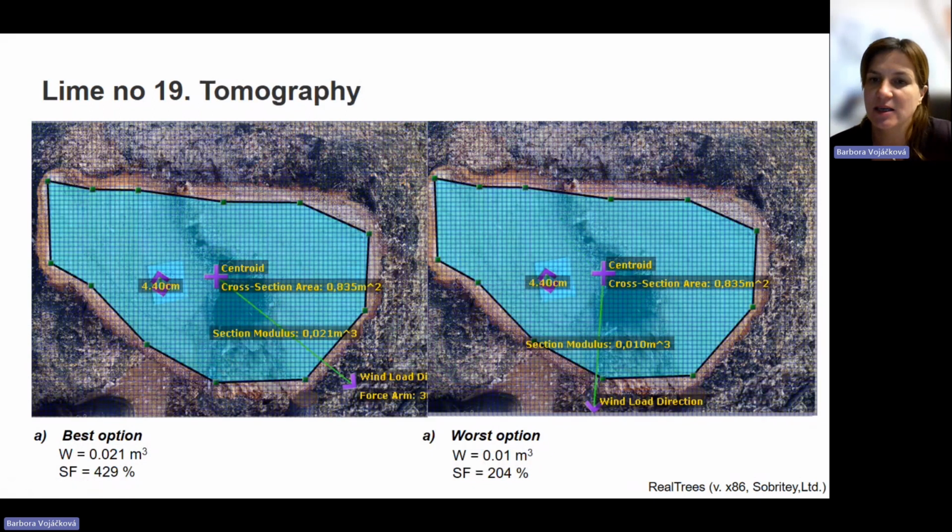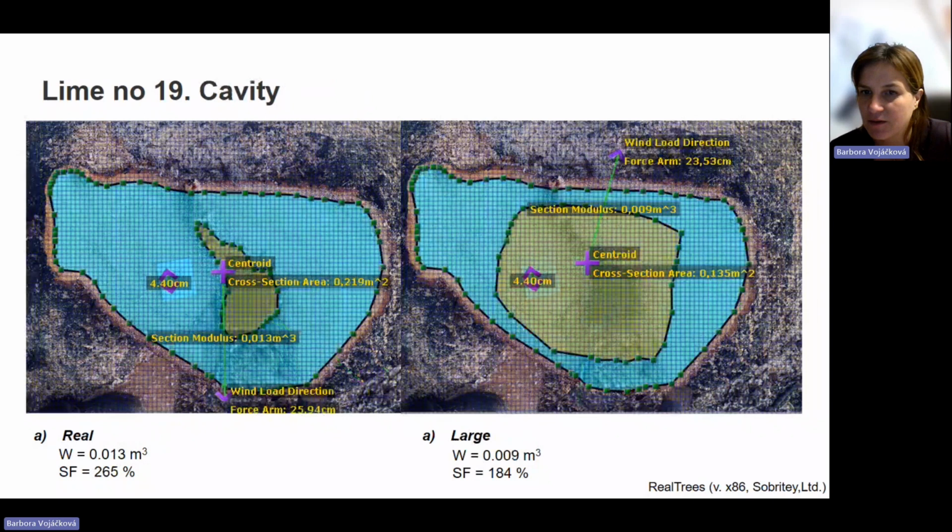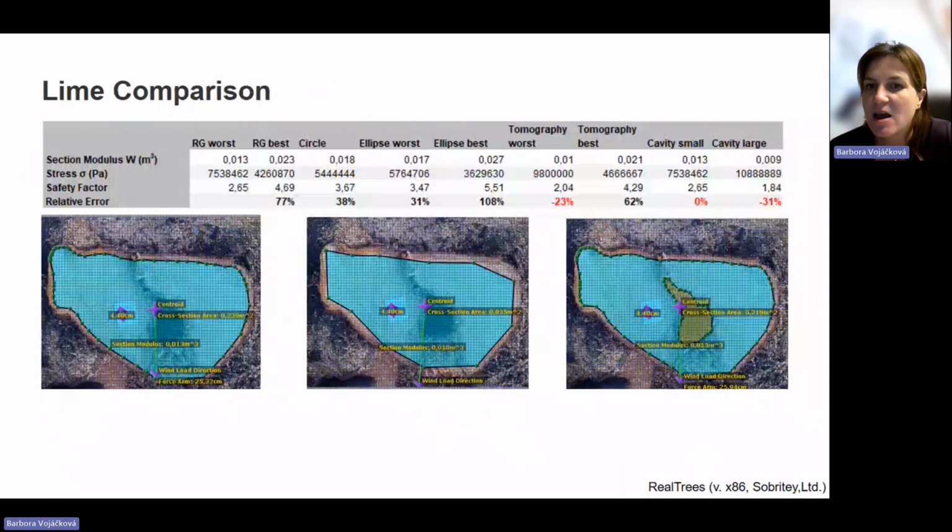So we can see that there is some difference in the shape and in what's happening with the cavity. And I just wanted to show that here I have the real geometry, and here I have the mistake which I was making by simulating the picture from tomography.